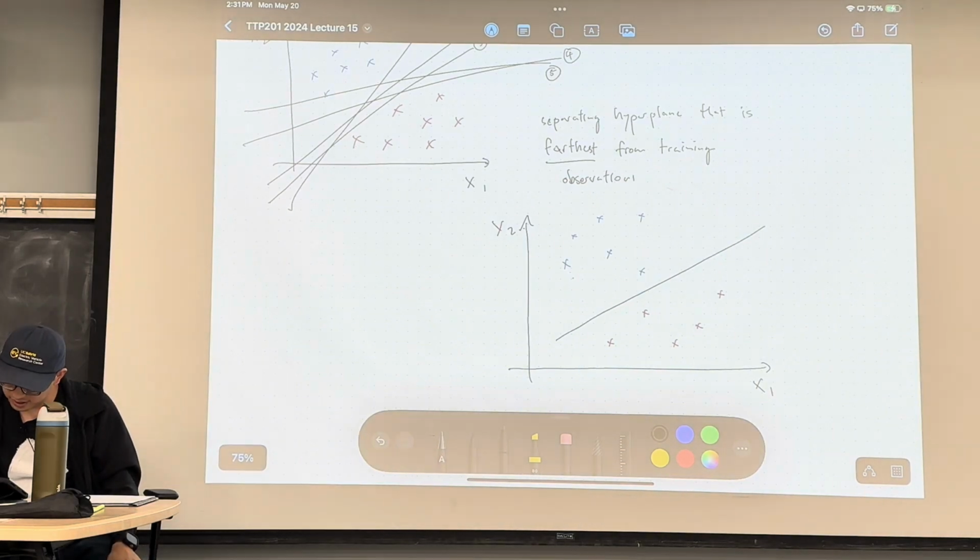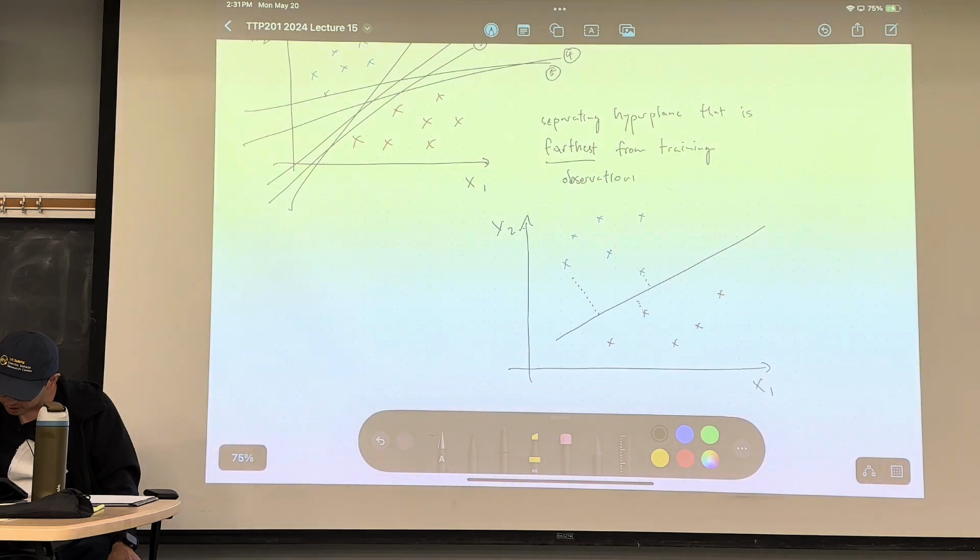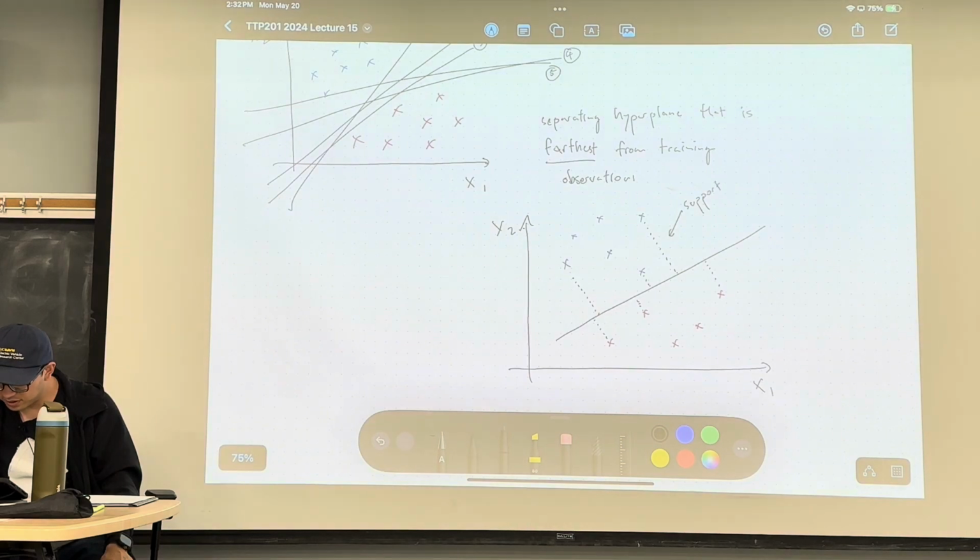So that means something like this. Right? It has to be perpendicular. Okay, so these are my support vectors.